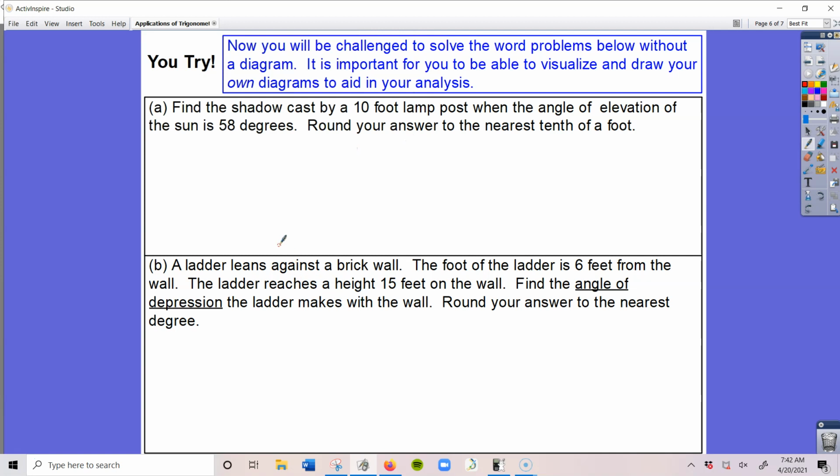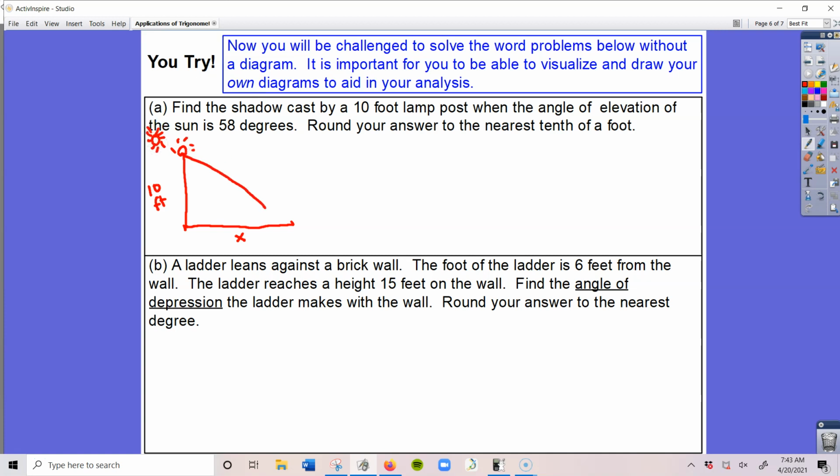So let's think about what this is going to look like. We have our lamp post. This is my lamp post. That's 10 feet. A shadow lands on the ground. So here's the shadow, which is exactly what I'm trying to find. Find the shadow. So this would be x. The sun would be somewhere up here.